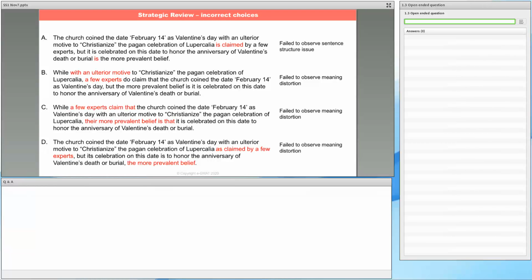But if you look at why you made a mistake, first of all, can you see the different sentence structures over here? It's the same errors, but the sentence structure in each of these answer choices is super different. Can you see that?